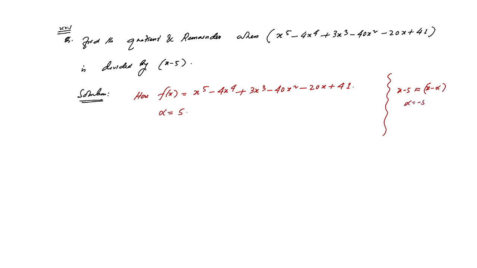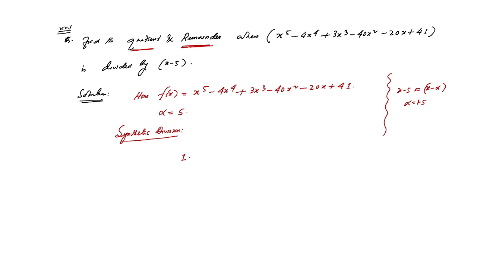So alpha is basically 5. So now we'll apply the synthetic division. Synthetic division is very helpful for calculating the quotient and the remainder.